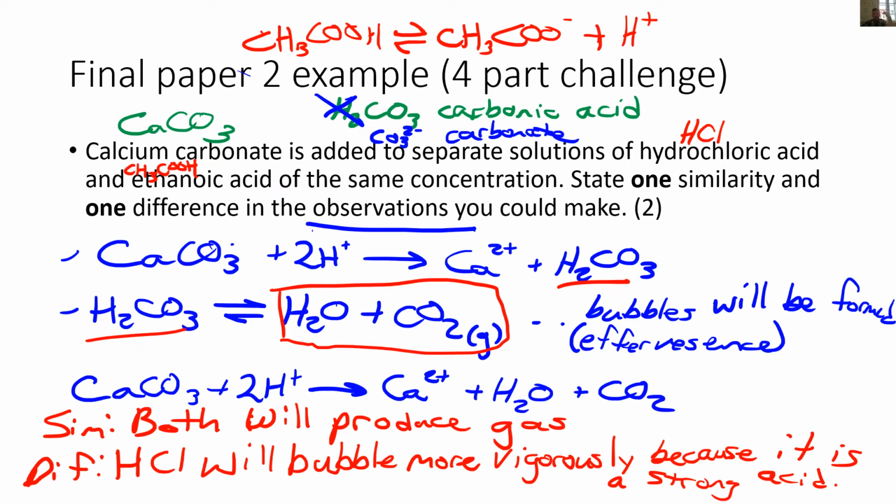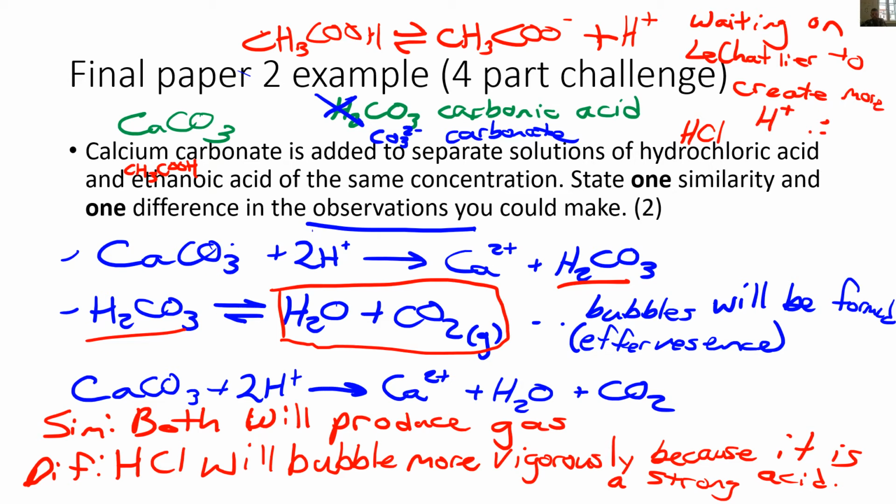So the reason why ethanoic acid doesn't bubble as vigorously is because you're waiting on this weak acid to undergo Le Chatelier to create more H plus, therefore a slower rate of reaction.